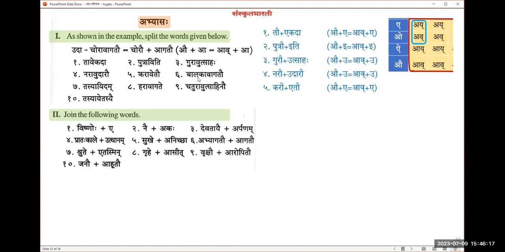Balakavagatau. What is the pattern? Balake plus Avagatau. Why again? Why you chose A? See, very simple, Bhagini. Again, you look for the pattern. Av is there. Same pattern. Luckily, you got the same pattern. Av.